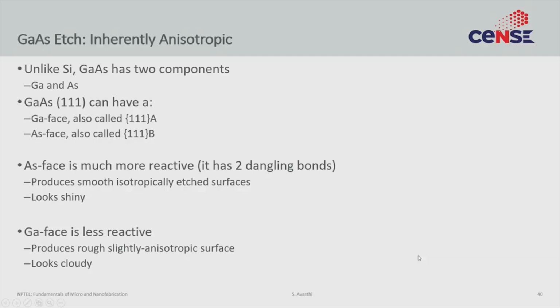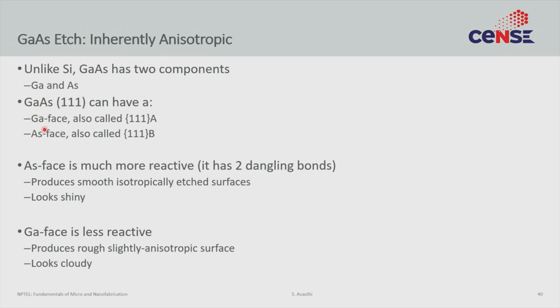So for example, on this slide, we are looking at the canonical etch for gallium arsenide. Because gallium arsenide is made of two elements, gallium and arsenic, a typical phase of gallium arsenide 111, for example, are not created equal.